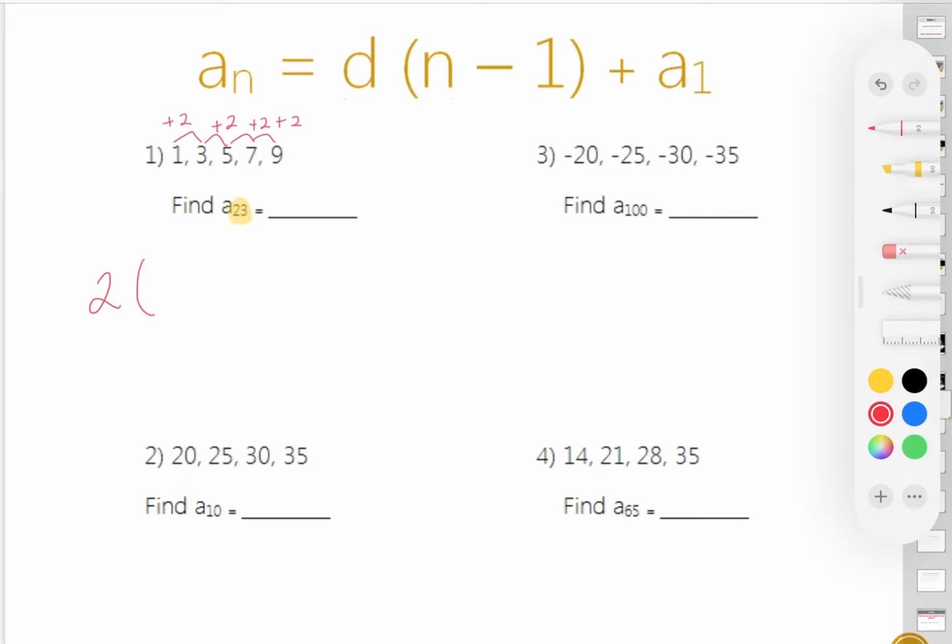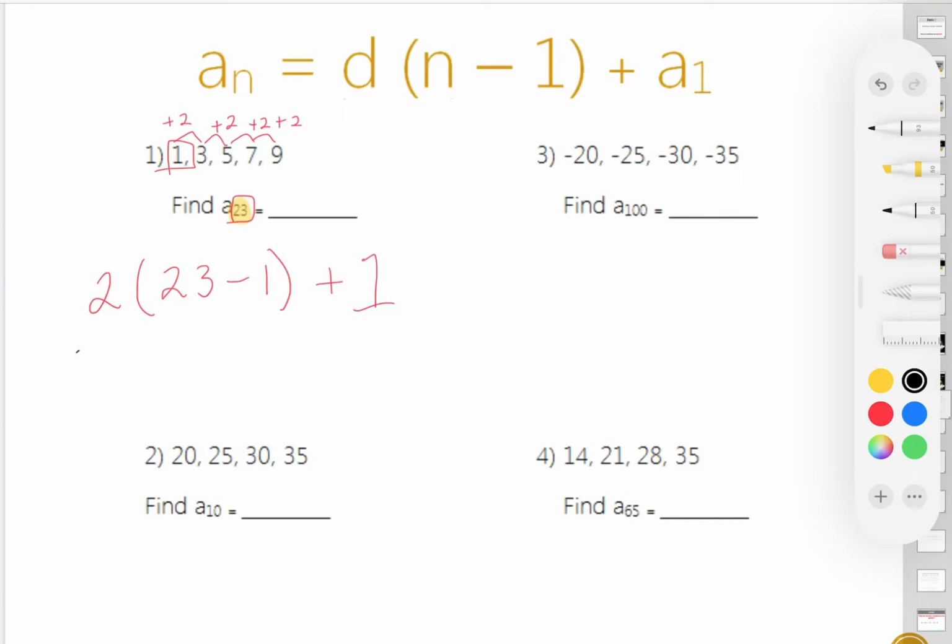The desired number that it wants is the number 23. It wants to know what is the 23rd term, what is the 23rd number in this sequence. So 23 is the n, that's my desired number. Minus 1 is part of the formula, plus the a1, the starting number. My starting number for this example was a positive 1.